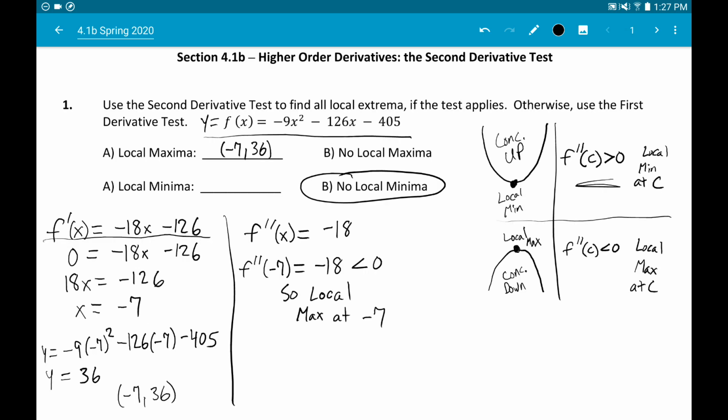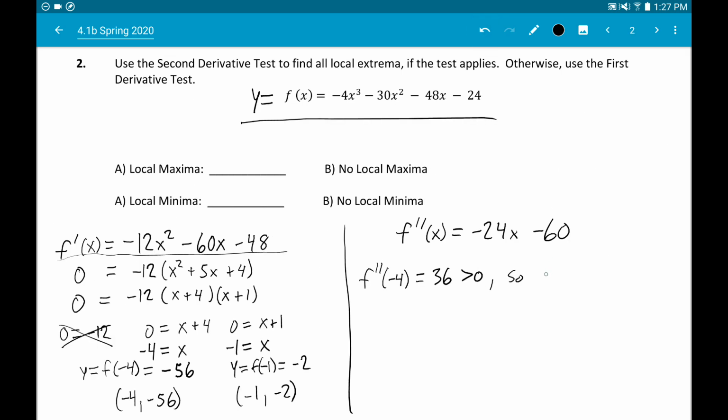If it's positive, you have a local minimum at c. So local min at negative 4.